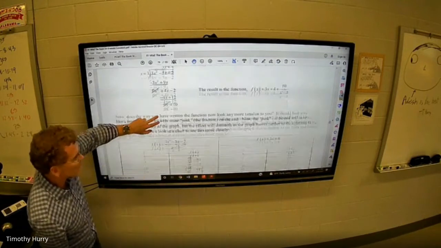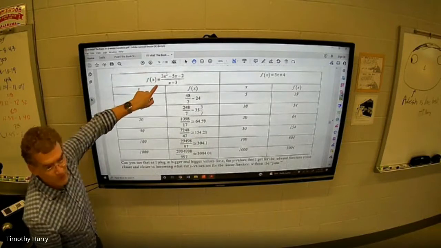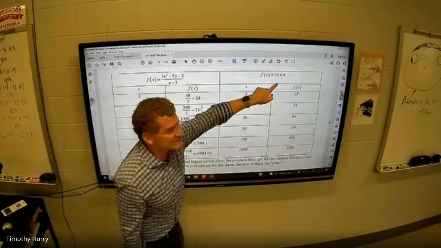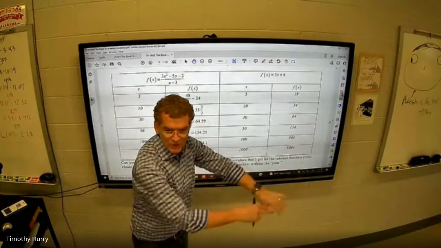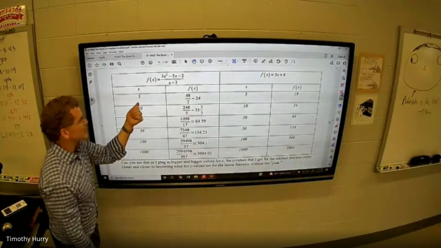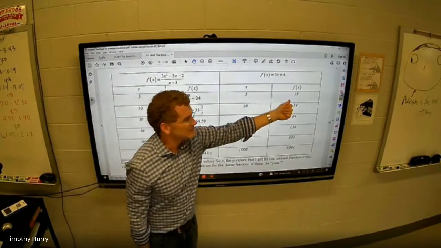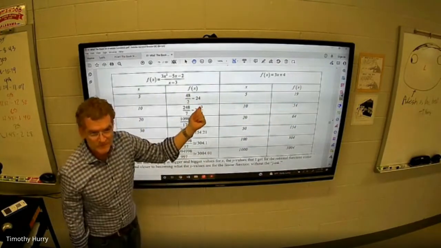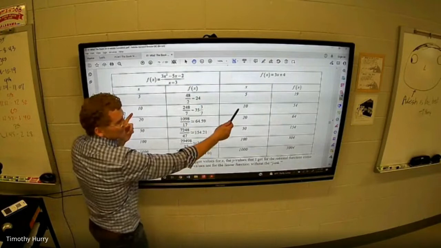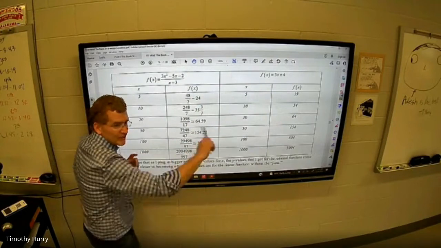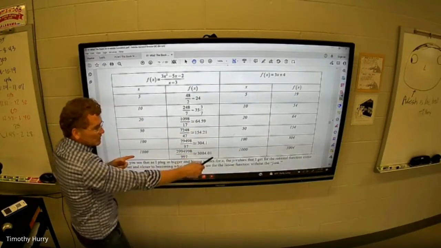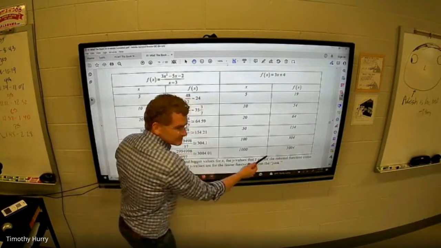If I scroll down here, here is the original function. There is the slant asymptote with the remainder thrown away. Look what happens when I plug in values of x that are not that big. My y values end up being very different. But look, as the x values get bigger and bigger and further away, what do you start noticing about the y values?